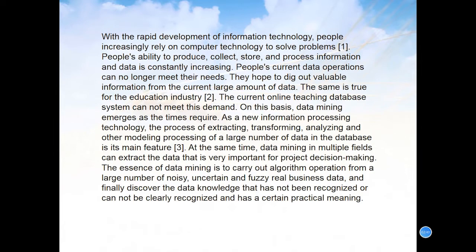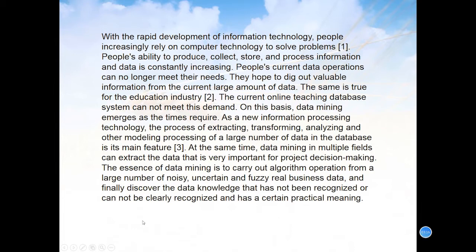They hope to dig out valuable information from the current large amount of data. The same is true for the education industry. The current online teaching database system cannot meet this demand. On this basis, data mining emerges as a new information processing technology.